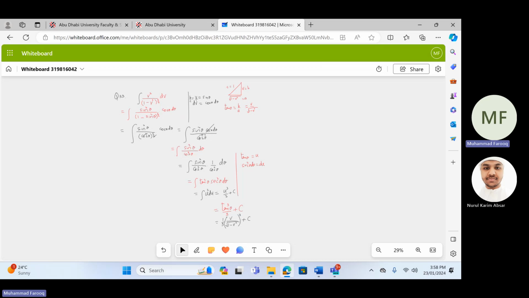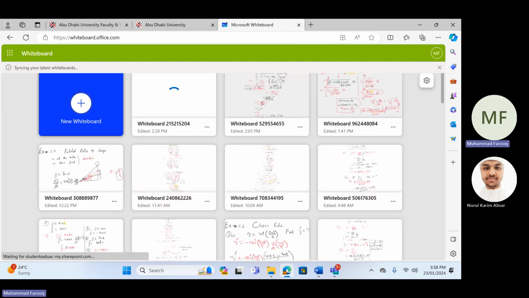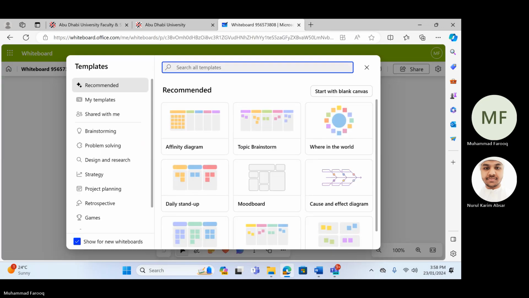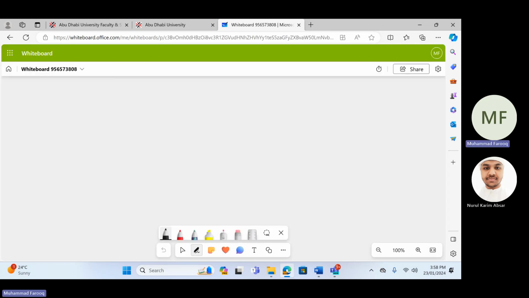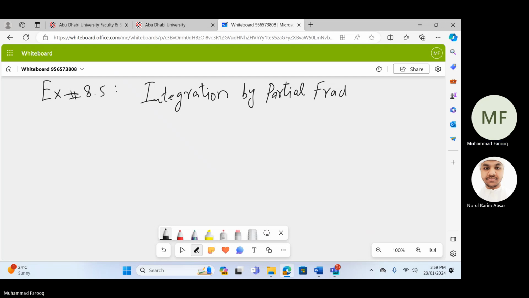Now we learn one more technique of integration in 8.5, called integration by partial fraction decomposition.